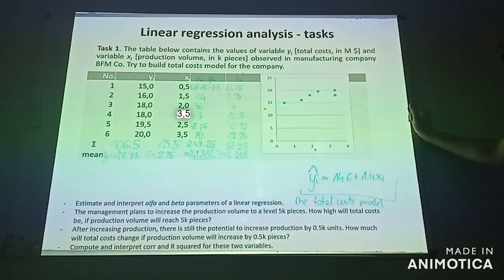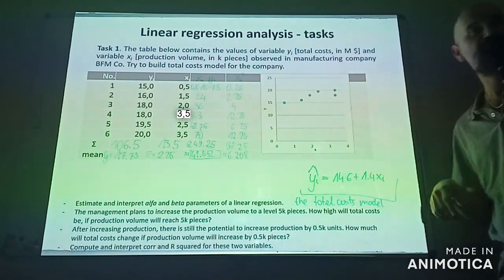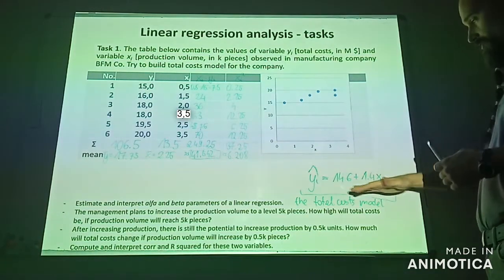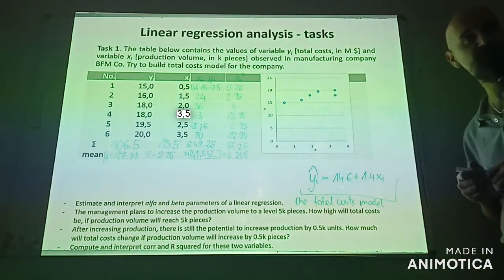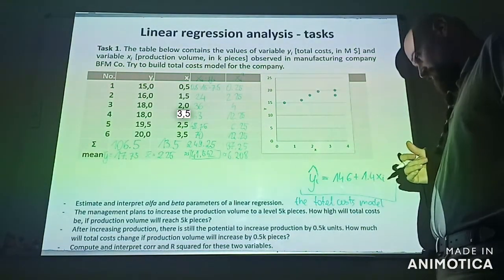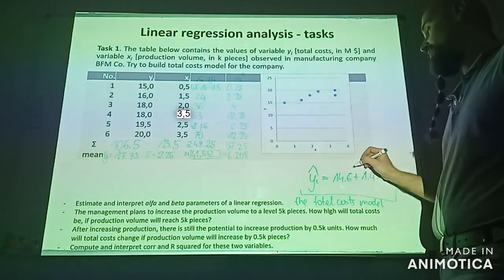Finally, we have created a handy tool that can help the management board answer a few questions. Here we have our model, the model of total costs, here we have the empirical data. We can visualize our model using the linear relationship. We know the parameters. So let's draw a straight line on this graph. 14.6 is the intercept.